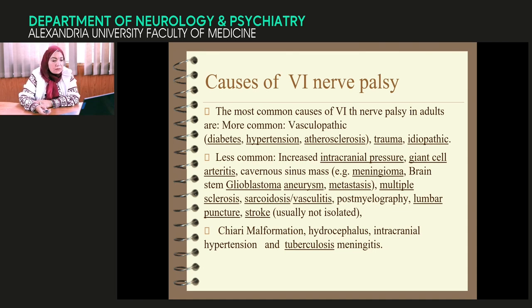Less common causes are increased intracranial pressure, giant cell arteritis, cavernous sinus mass like meningioma, brain stem glioblastoma, aneurysm, or metastasis. Also multiple sclerosis, an autoimmune demyelinating disease, and sarcoidosis, which causes vasculitis. Post-myelography or post-lumbar puncture, the abducent is sometimes affected. Also stroke, but it will be associated with other signs.